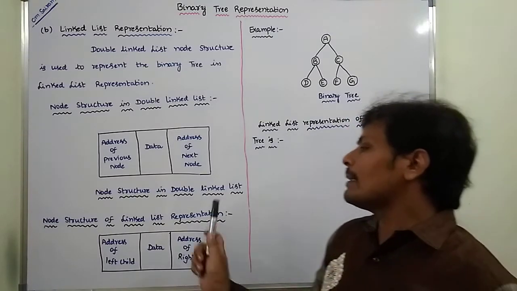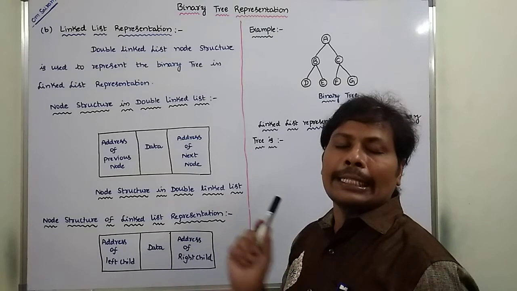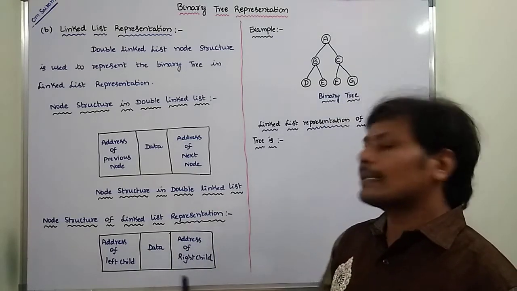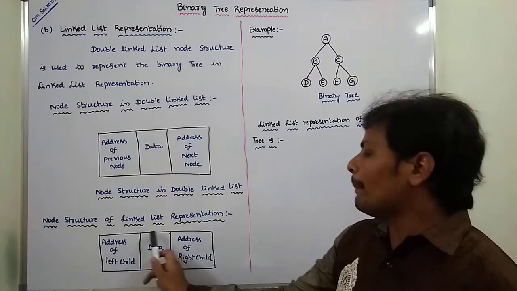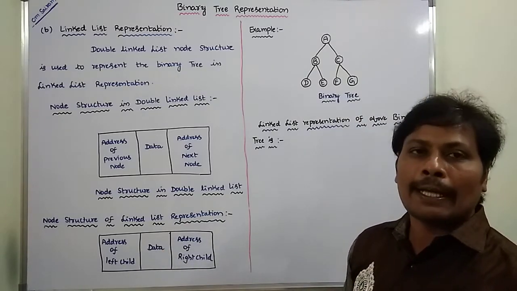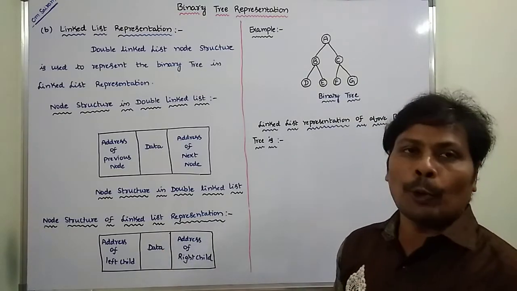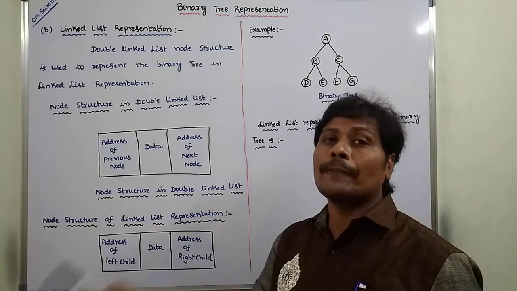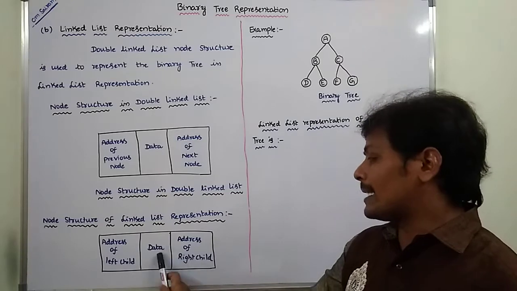Okay, so in the case of linked list representation, the node structure is this one. The middle part is called the data part. It contains the node value. This part is the address of the left child of this node.